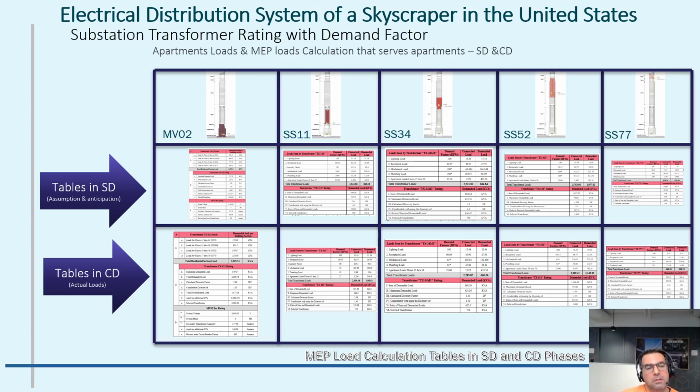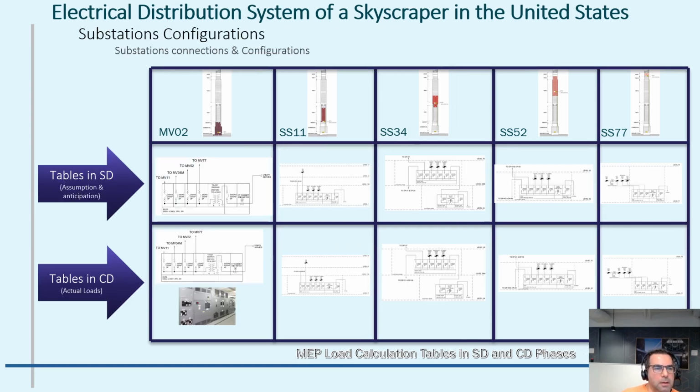And when we go to the construction document, as I mentioned before, we have the mechanical equipment. Based on this calculation, we size and lay out the electrical room and substation in SD and CD, as I mentioned before, the difference between the two.